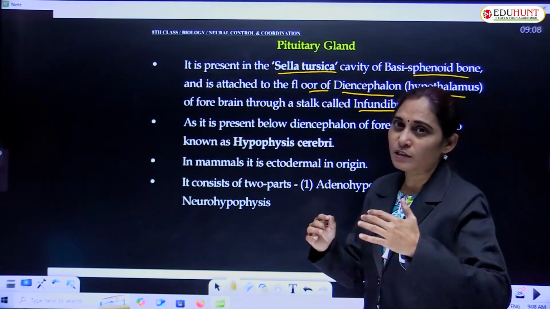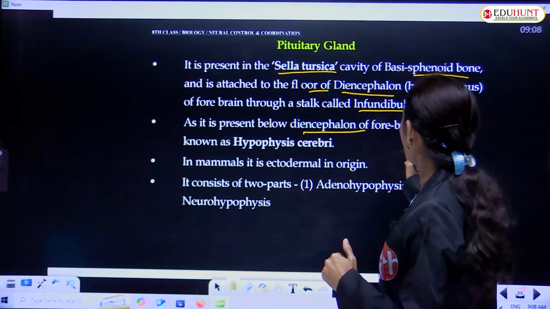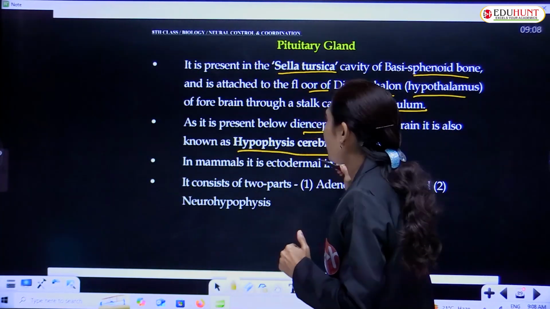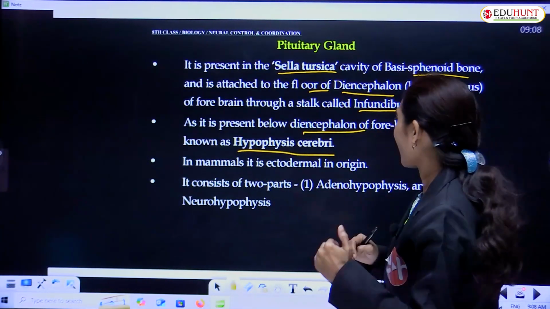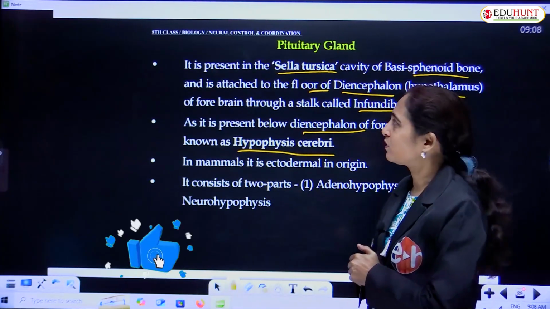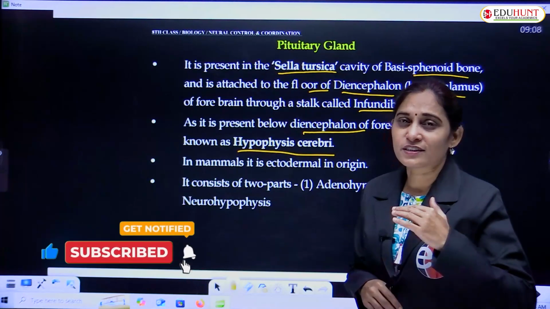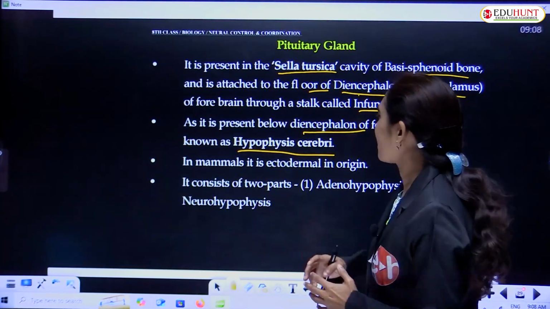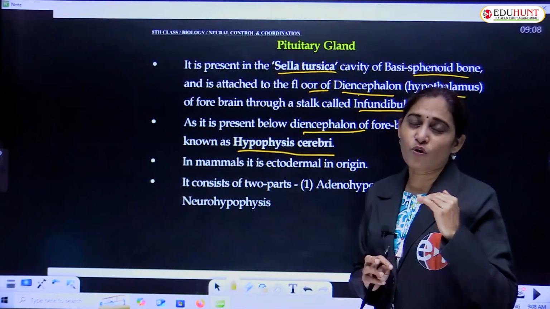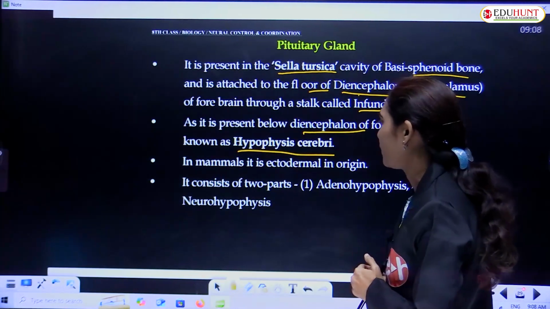It is also called hypophysis cerebri, the name given to the pituitary gland because it is situated just beneath the diencephalon of the forebrain. It is attached to the floor of the diencephalon with a stalk called the infundibulum.